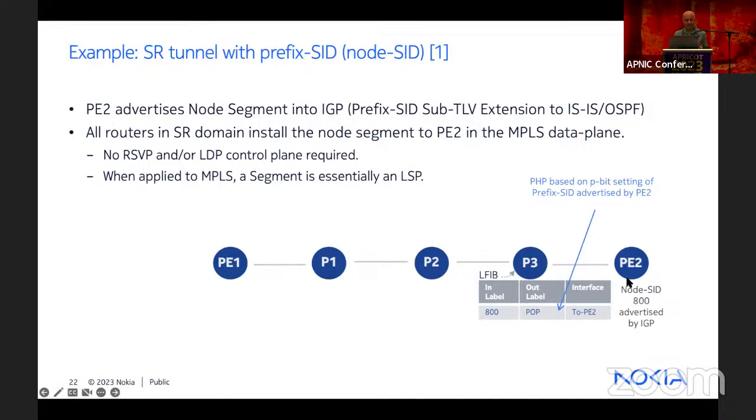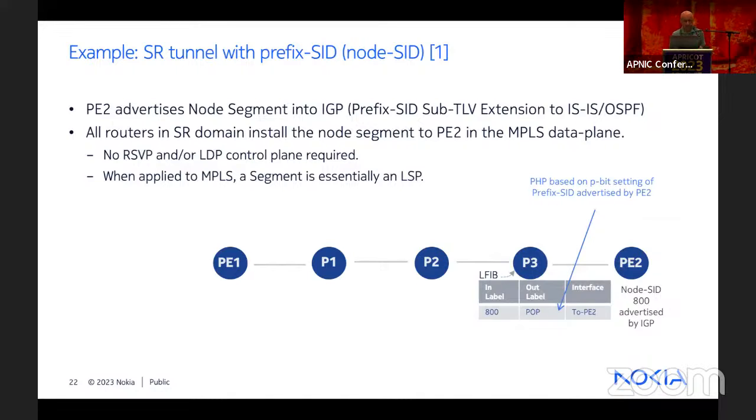In this example, we advertised the SID mapping with a setting that said perform PHP on it. So how many of you are familiar with PHP? Some of you? Okay. So it stands for penultimate hop pop.